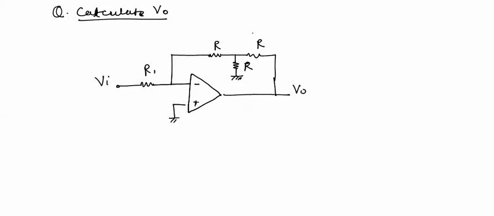There is a complex network, this T network or star network in the feedback circuit.